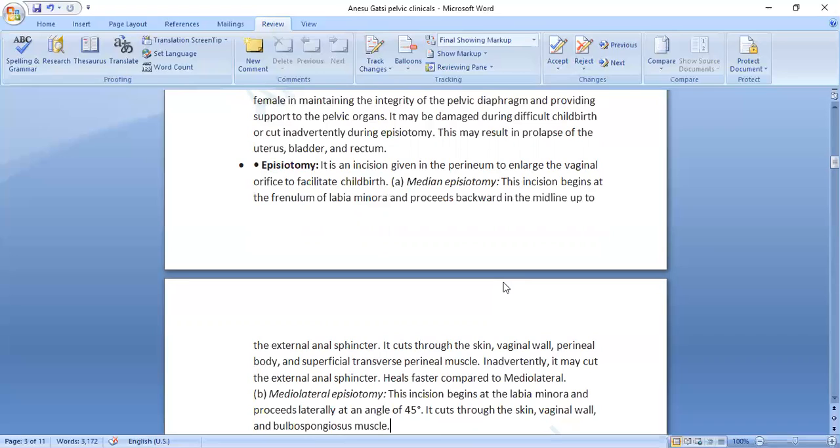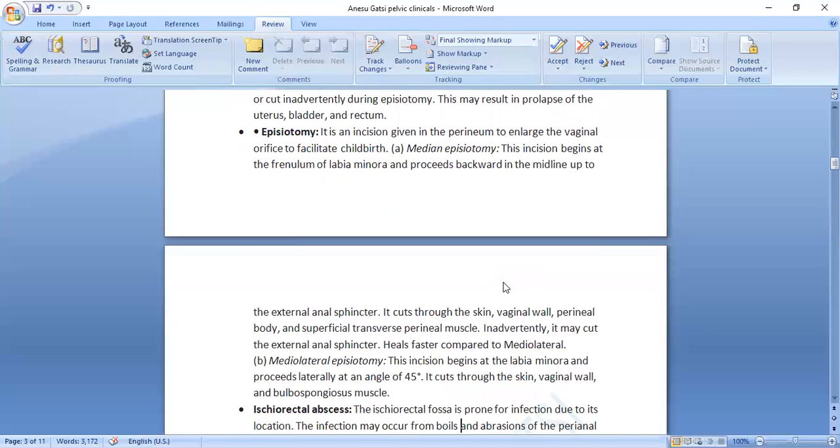And injuring the external anal sphincter, I guess you and I, we know what will then happen. On top of that, you're more likely to cut through the skin, the vaginal wall, and the perineal body, as well as the muscle known as the superficial transverse perineal muscle. Remember, we have a deep transverse perineal muscle that forms part of the urogenital diaphragm together with the sphincter urethrae.